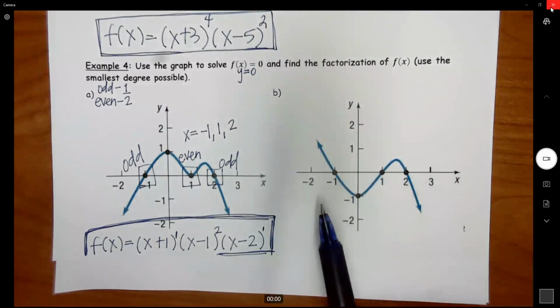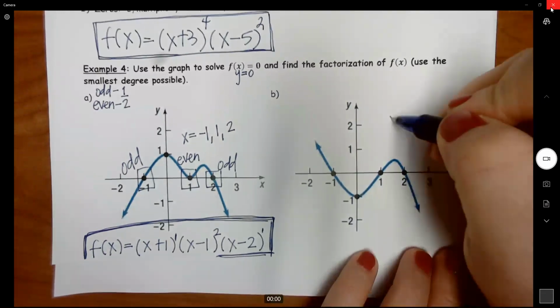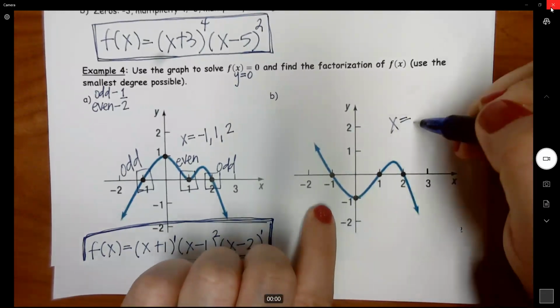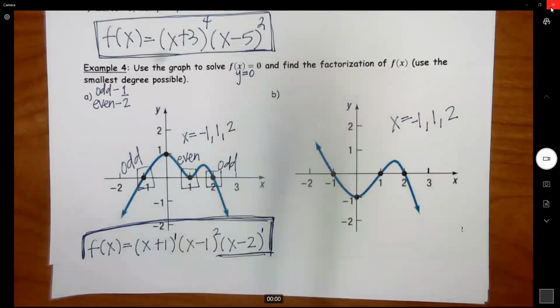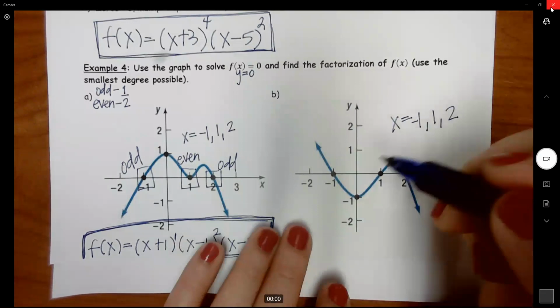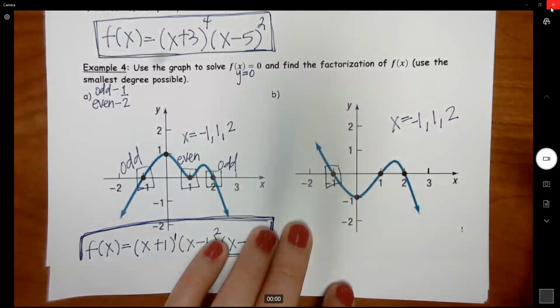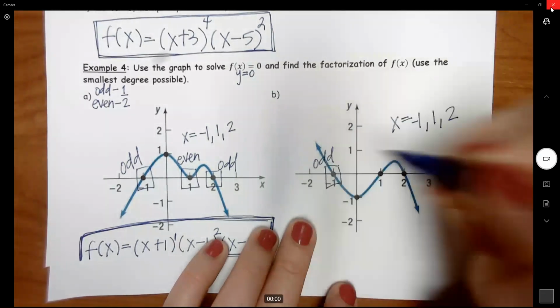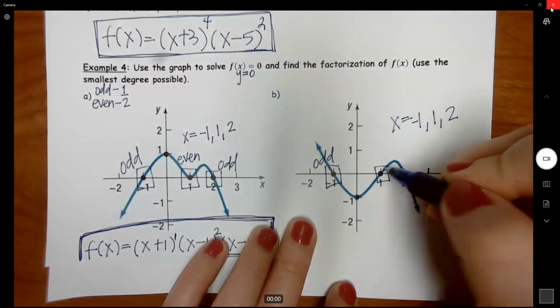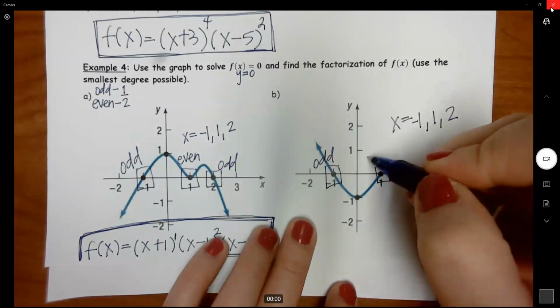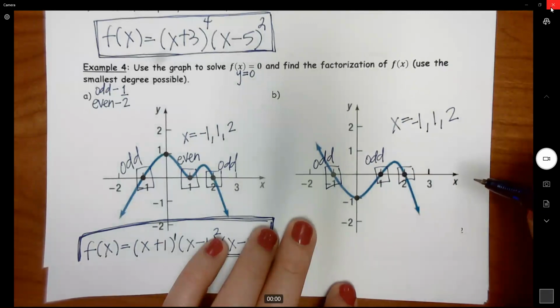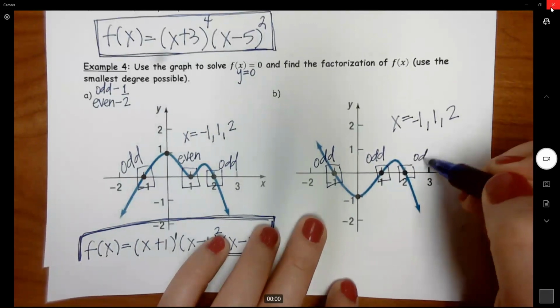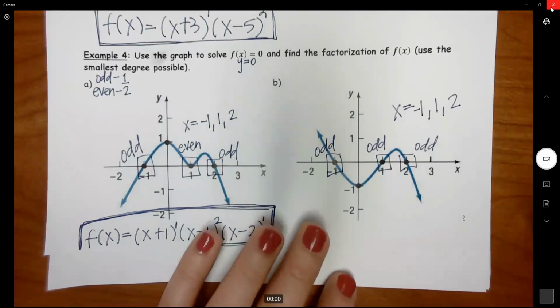Okay, now this one is similar because it's got the same zeros here. We've got x equals -1, 1, and 2. It's crossing here. So that one is odd. What is this one? I hope you said odd because it's crossing through. And what's this one? It is odd again because again, it is crossing through.